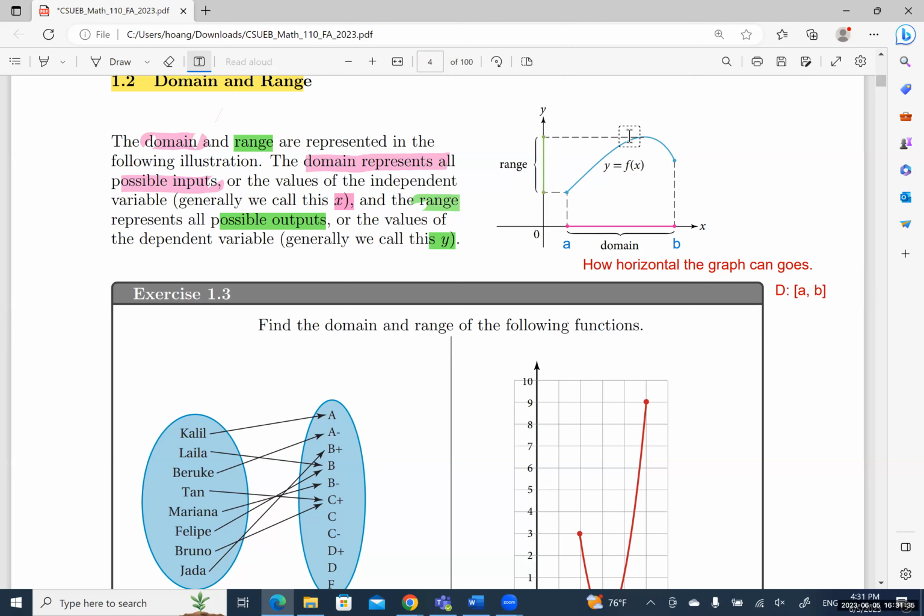I go up to the maximum, which is going to be here. I know it goes down later, but the maximum vertically is up to here. So that means the range is how vertical it's going, from here up to here. The range is how vertical it goes.